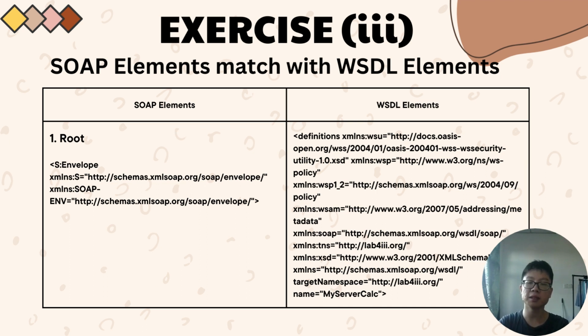So the first element of SOAP that matches with WSDL is the root element. For SOAP, its root element starts with the S:Envelope tag and then is followed by the namespaces. While for the WSDL elements, it starts with the definitions tag, followed by the XML namespaces.